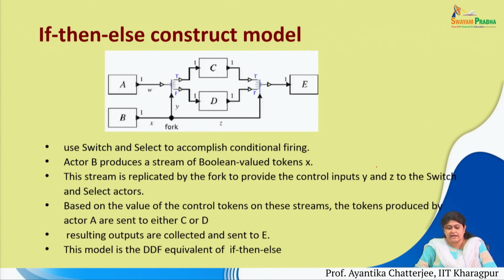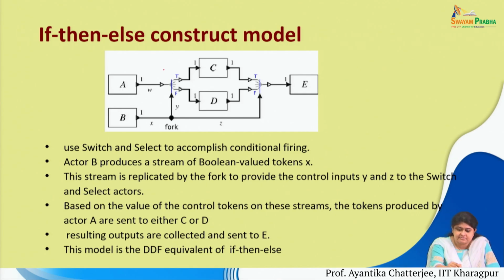Now, we will understand, using these two, select and switch, how we can actually realize the if-then-else construct. That is one important part of this data flow model of computation, right. When we are considering data flow and there are multiple actors attached, which path the data should flow, that decision-making, the if-then-else construct, will be realized by this switching and selection.